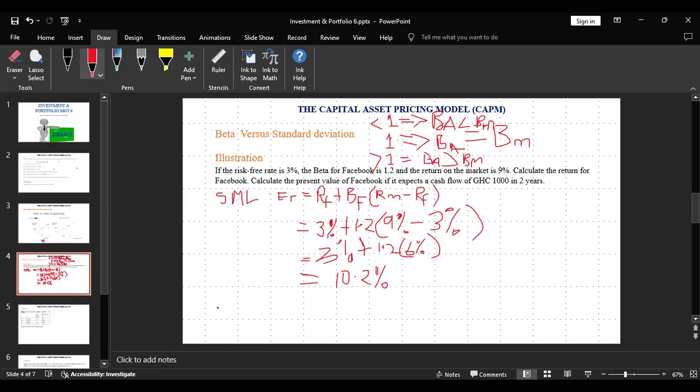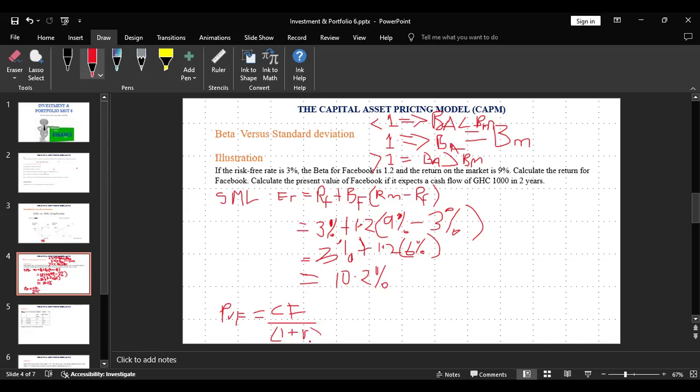Okay. So let's see. Present value of Facebook will be equals to the cash flow over the discounting factor, 1 plus the expected return raised to the power 2.